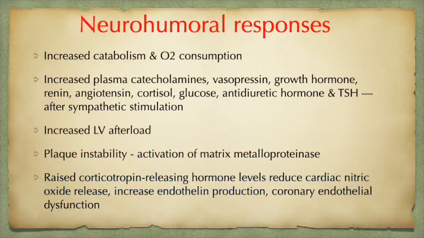There is increased catabolism and oxygen consumption, increased plasma catecholamines, and other stress hormones are increasingly produced. Increased left ventricular afterload is there. Plaque instability can lead to a myocardial event. All these effects are attenuated, helping in prevention of any untoward events by neuraxial anesthesia, namely the spinal and epidurals.